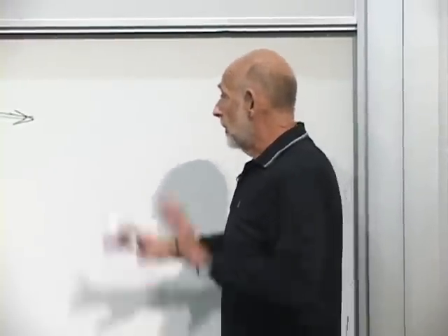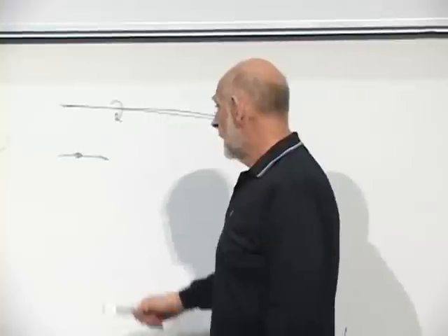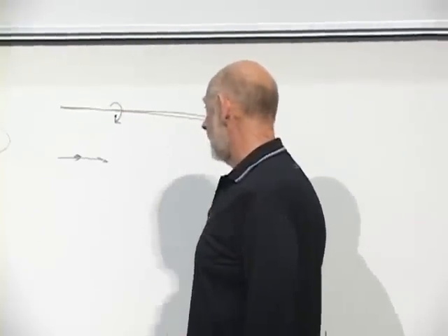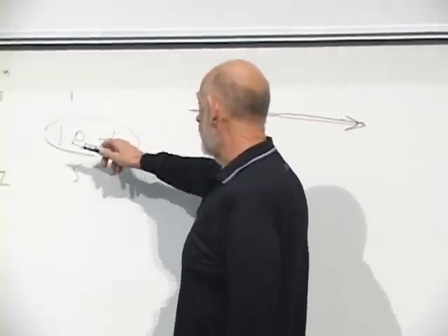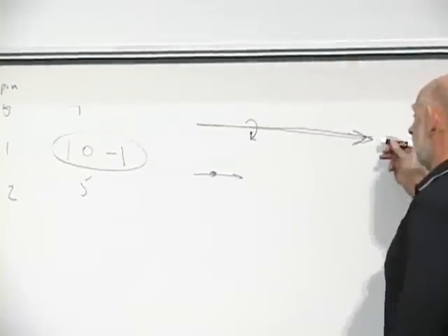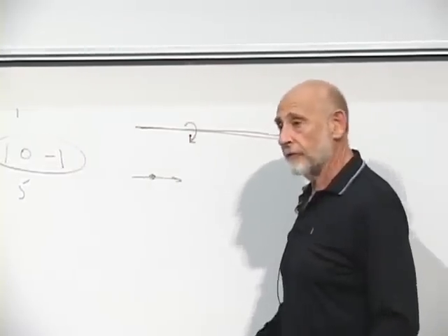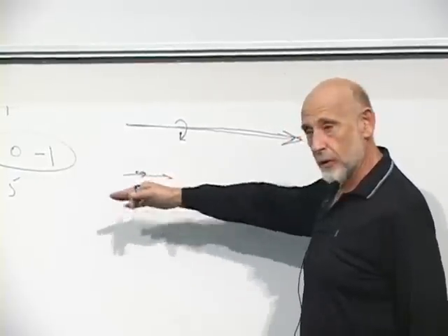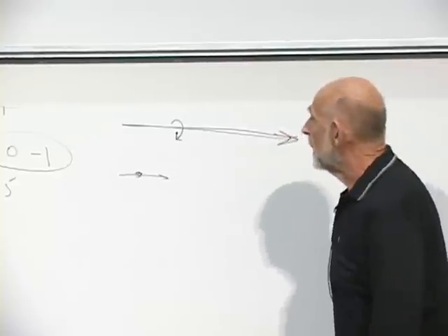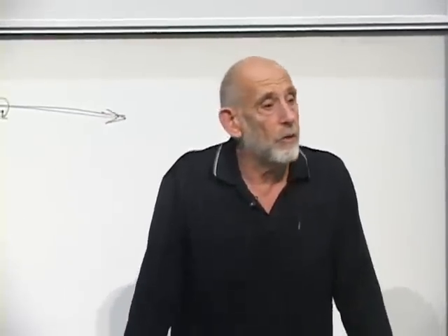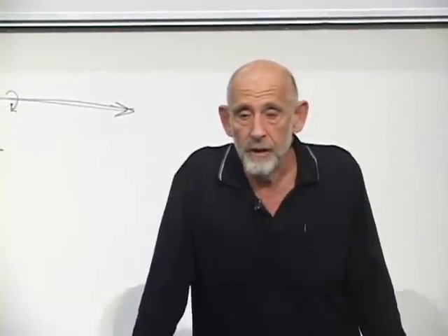Okay, so conclusion. If you have a massive particle, it must have all three states. Spin along that axis, spin along that axis, and that's not enough. You have to be able to make up spin along the perpendicular axis. On the other hand, if the particle is massless, there is nothing you can do to bring it to rest.